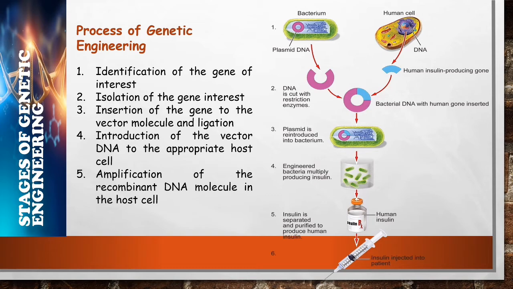The new gene can now be inserted into this opening in the plasmid, and the DNA can be bonded back together using another enzyme called DNA ligase. 5. Amplification of the recombinant DNA molecule in the host cell. When you say amplification, it is the process to produce multiple copies of a specific DNA sequence.